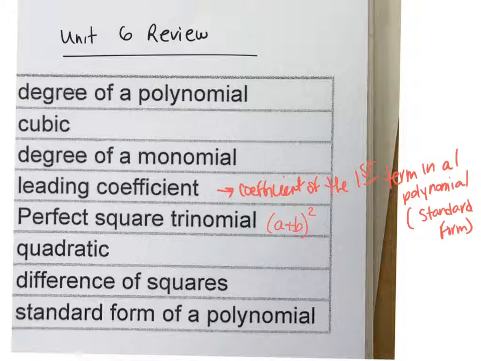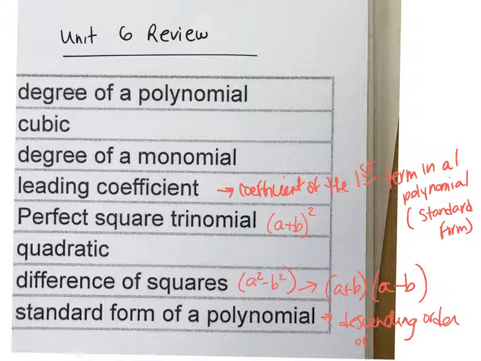The difference of perfect squares is the polynomial that gives you the answer a squared minus b squared, but it comes from what we just did as the example, a plus b times a minus b, where the middle term cancels out. And the standard form of a polynomial is when it is in descending order, so the highest degree goes first, of exponents.